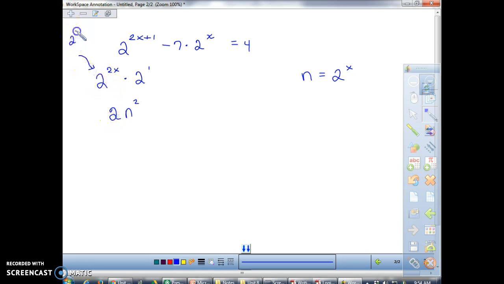So it'd be 2 to the x squared. Isn't that really 2 raised to the 2x? So I'm going to replace this 2 to the x with n. So it's n squared minus 7n. And then I would want to, of course, subtract the 4 over like this.